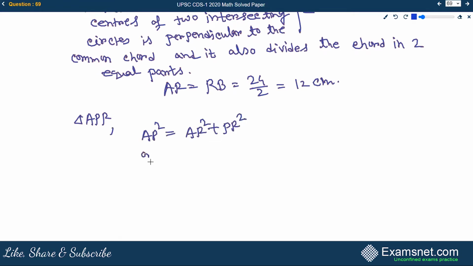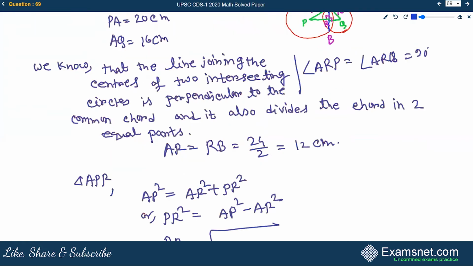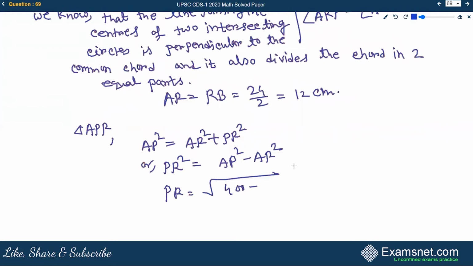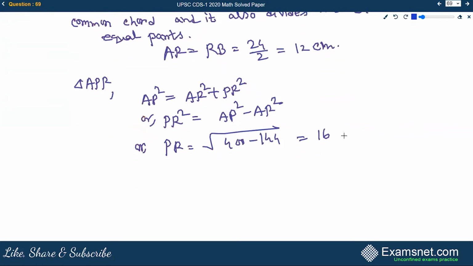We are going to find the value of PR squared, that is AP squared minus AR squared. So PR squared is AP, 20 whole square, that is 400, minus AR, 12 whole square, that is 144. It will result in 16. So PR is 16 centimeter.